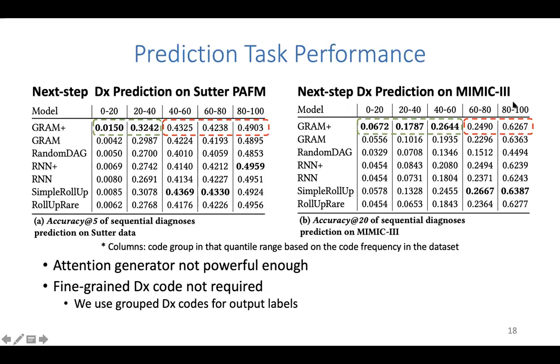But for very, very popular prevalent diseases, other ones are doing just as good a job as GRAM. And again, you can see that the random DAG gives you the worst performance. So wrong knowledge, not so much here, but here is 4494 compared to 6s here. So you can assume how bad of an idea injecting incorrect domain knowledge is.